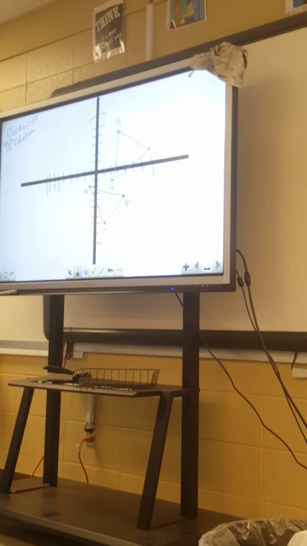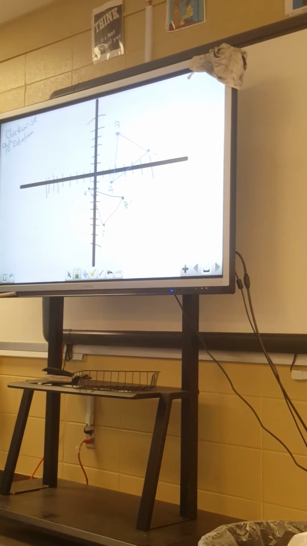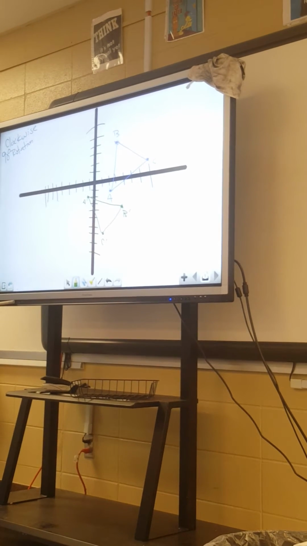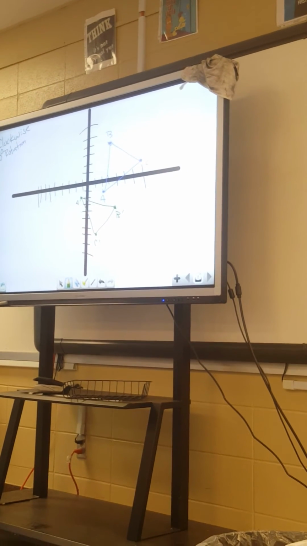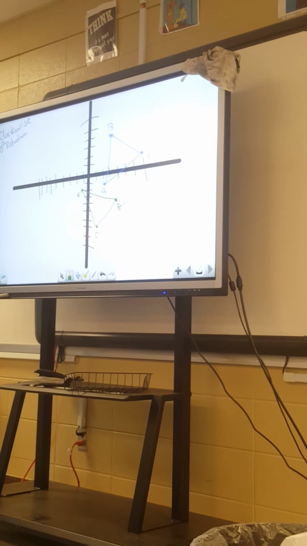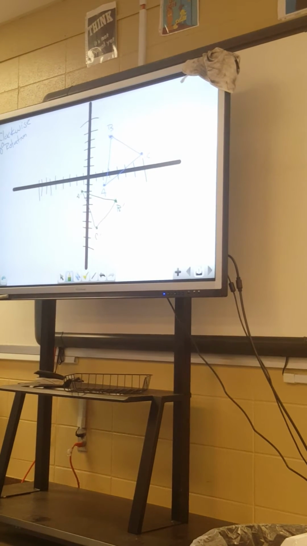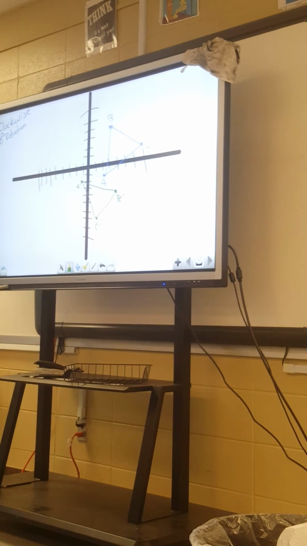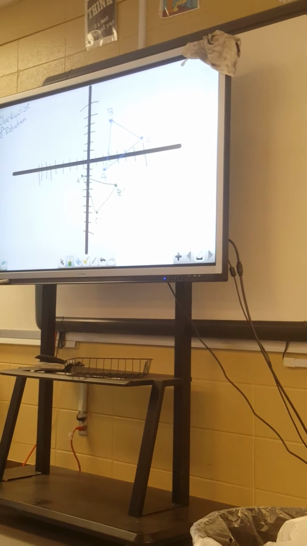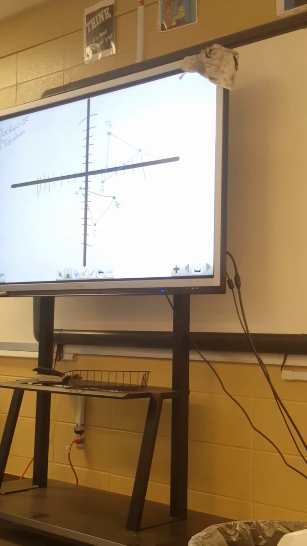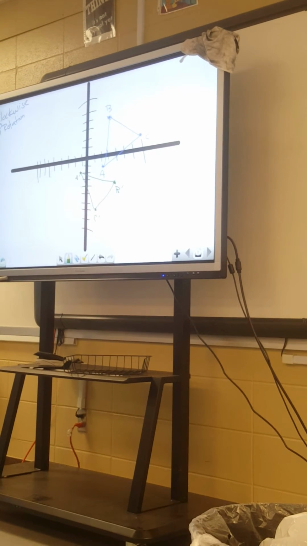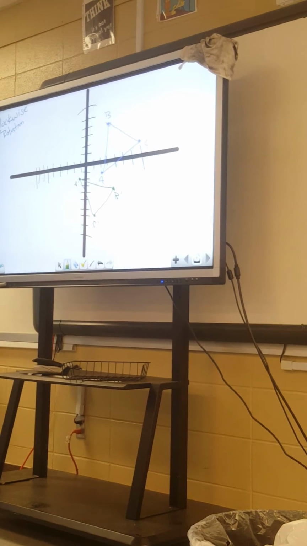We need the original point in the original figure and a point in the image. Do they have to be the same point or different points? Same. So A goes with A prime, B in the original goes with B prime, and C in the original goes with C prime.